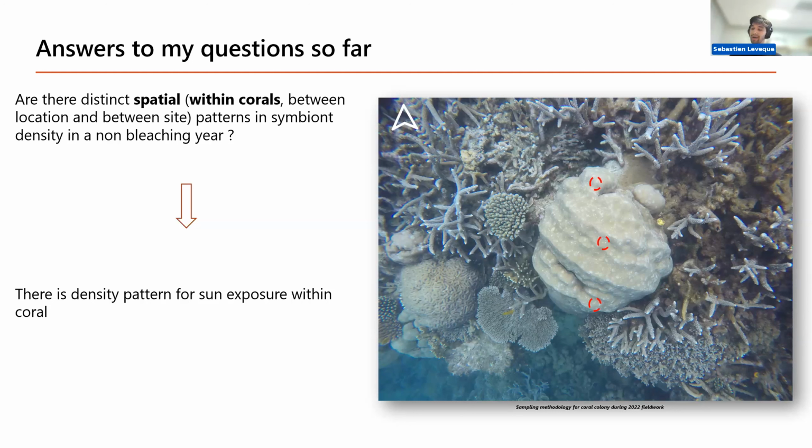And what we might have during, for example, a year with a mass bleaching event is that the coral will expel most of its symbionts, which will drastically reduce the density even more than in a non-bleaching year. So we would probably have the same kind of pattern, but with much lower values, I would say.